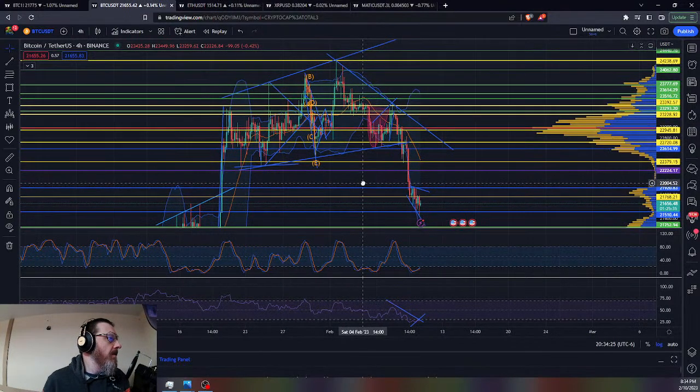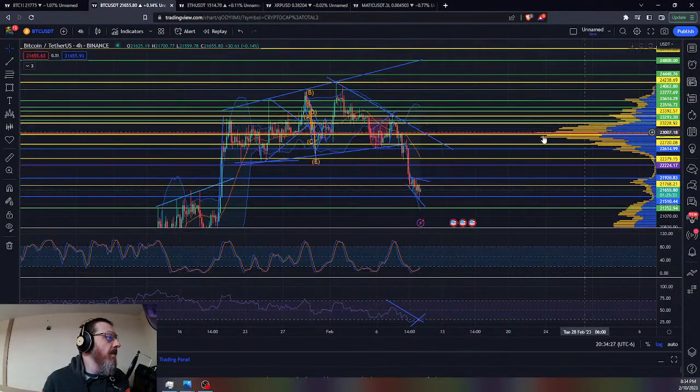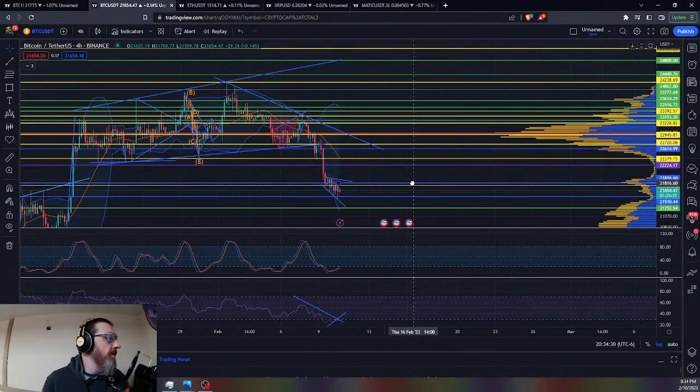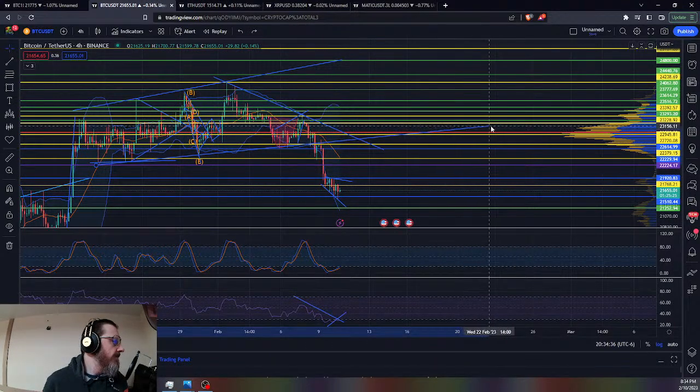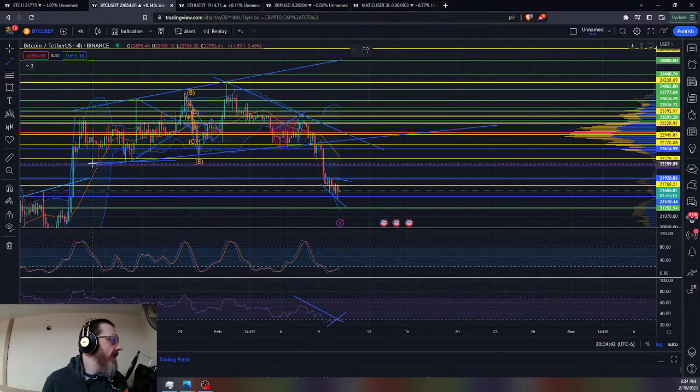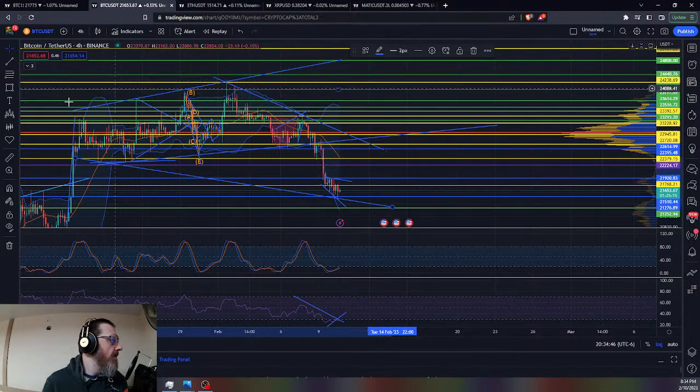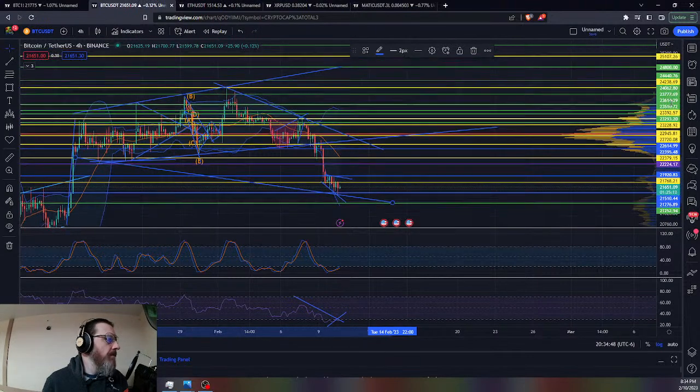And there's no reason right now why we can't swing back up into this pattern here that we were in before, or why we can't look at this as just a wider megaphone.